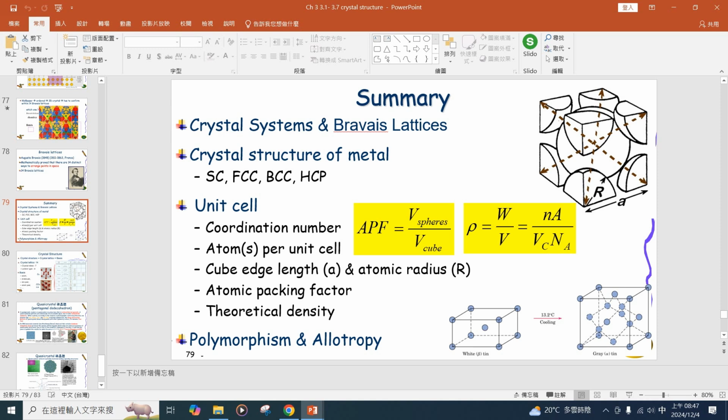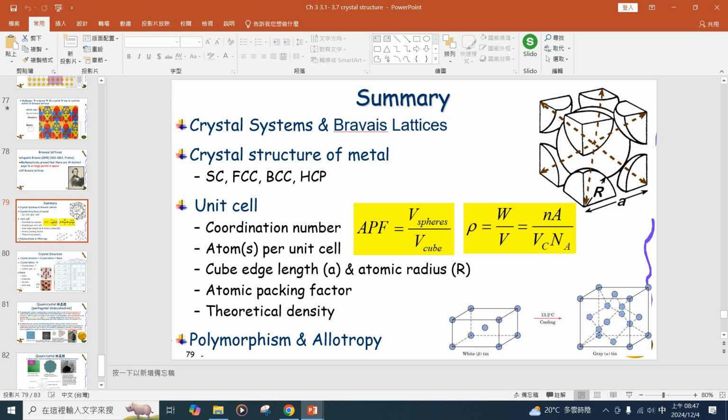What is coordination number? Coordination number is the number of the nearby atoms. For example, how many atoms are nearby this atom in the center? 8, right? So coordination number is 8.